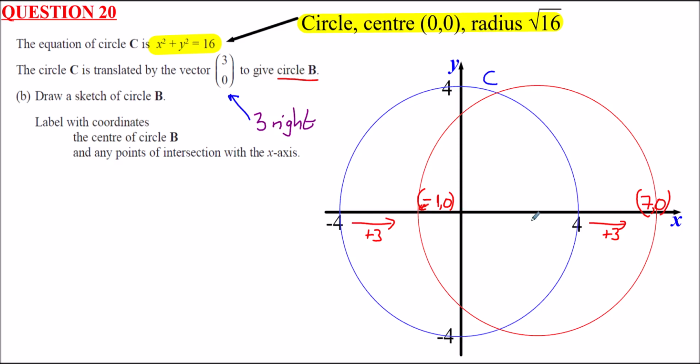If it's been moved 3 to the right, the centre of the circle is now going to be (3, 0). And so the centre of the circle is (3, 0). And the points of intersection with the x-axis are (minus 1, 0) and (7, 0). And that's all we need to do for question 20, which is the last question.